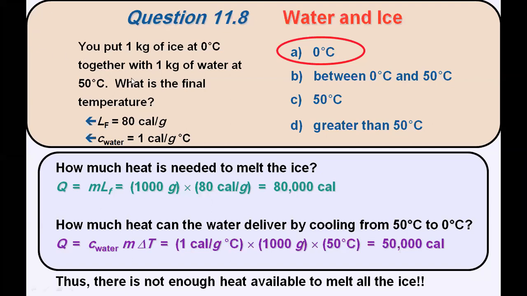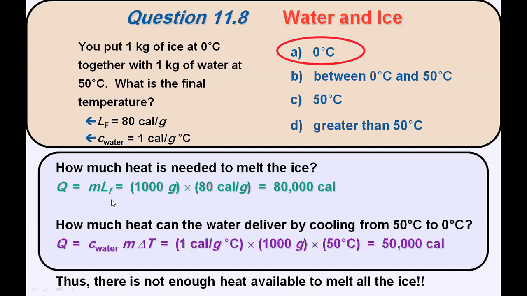And here is the second question. We said you put 1 kilogram of ice at 0 Celsius together with 1 kilogram of water at 50 Celsius. Okay, sometimes when it's snowing you go and get ice to melt it, and you try to put it in 50 Celsius water. So what is the final temperature? L_F is given as 80 calories per gram, and C for water is 1 calorie per gram. The question is how much heat is needed to melt the ice.